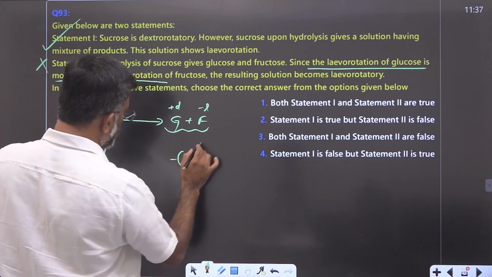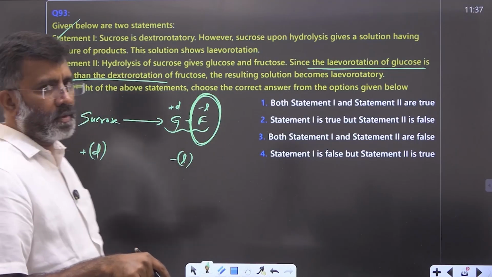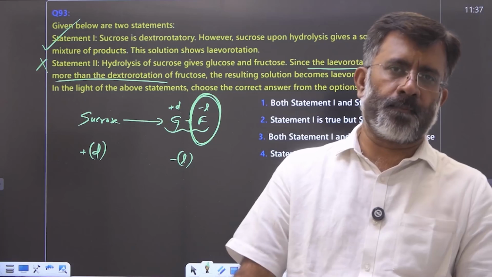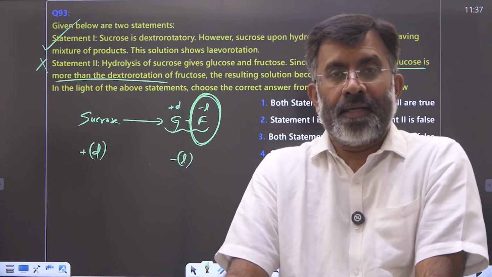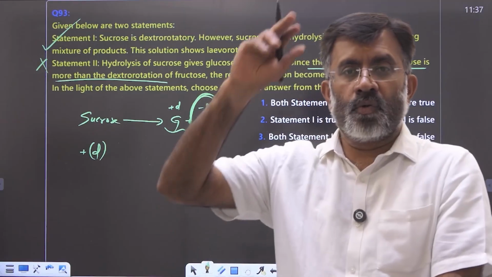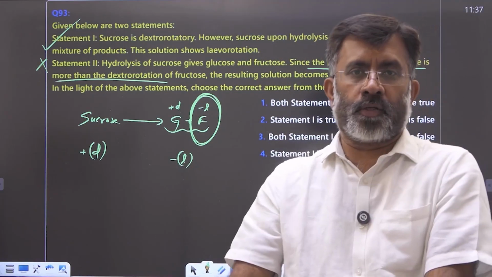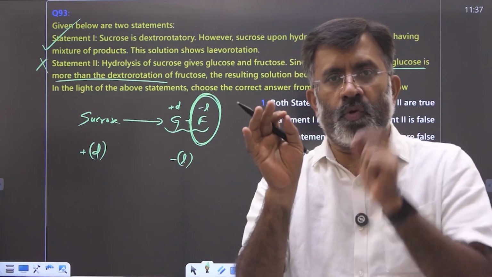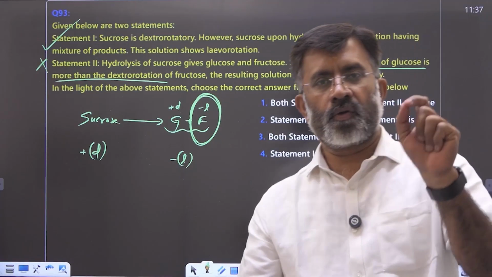This is levulose because of the more levorotatory nature of fructose. The product of sucrose hydrolysis is called invert sugar, because dextrorotatory sucrose is converted to a levorotatory product. That product contains an equimolar mixture of glucose and fructose, of which glucose is dextrose and fructose is levulose.